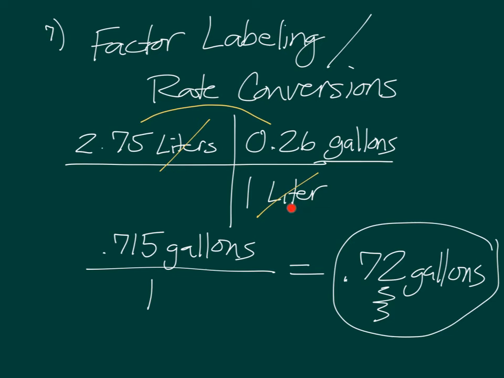That means I need the word liter on the bottom. That way liters cancel. Gallons is now left on top, and that's what I wanted my answer in. All I do is multiply the numbers on top, multiply the numbers on bottom, which in this case is just 1, and then simplify. This one said round to the nearest hundredth. Nearest hundredth is the second decimal place.